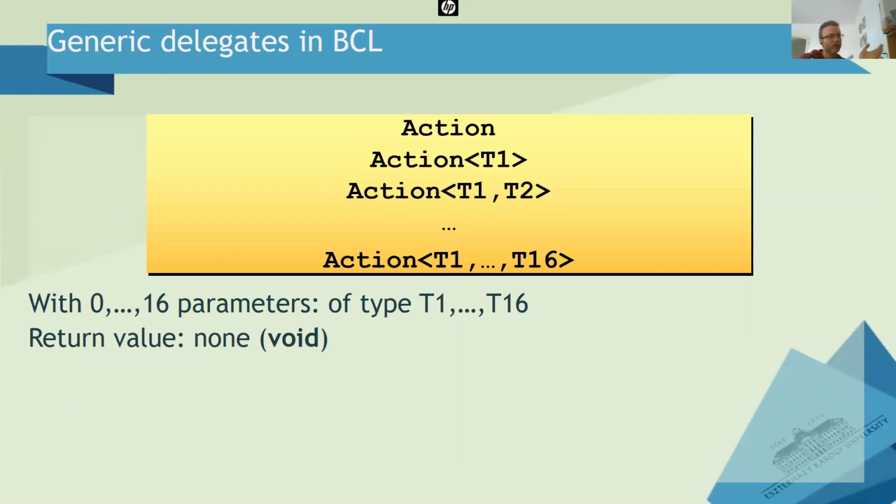Okay, this delegate, or in other words, this set of delegates, can be used for representing methods with 0 or 1 or 2 or 16 parameters, which do not return anything. So the return type is void.